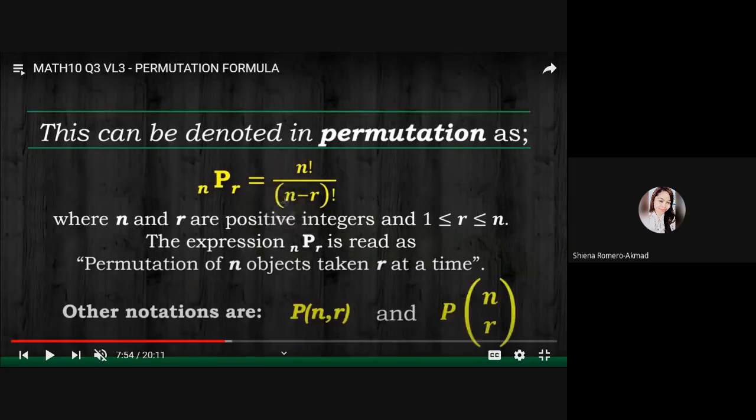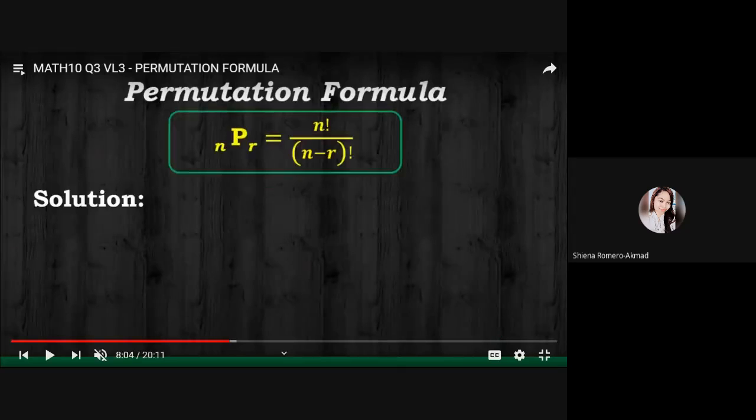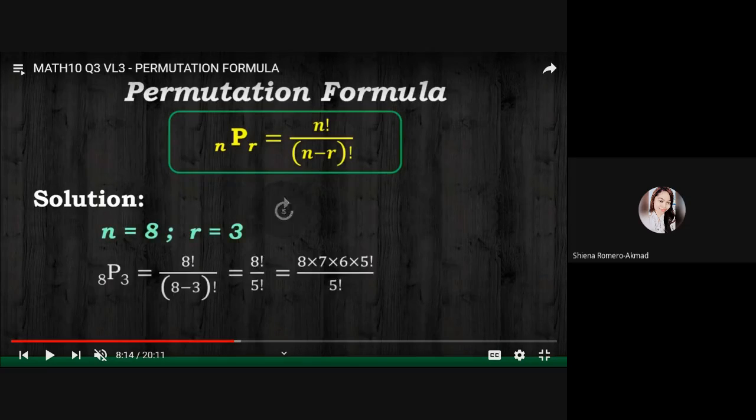Then the other notations are written in this way. So, pwede naka-parenthesis n, r, or pwede rin namang parenthesis, nasa taas yung n, nasa baba yung r. Okay? So, ito yung permutation formula, and if we solve the problem, we'll have 8 factorial divided by 8 minus 3 factorial.